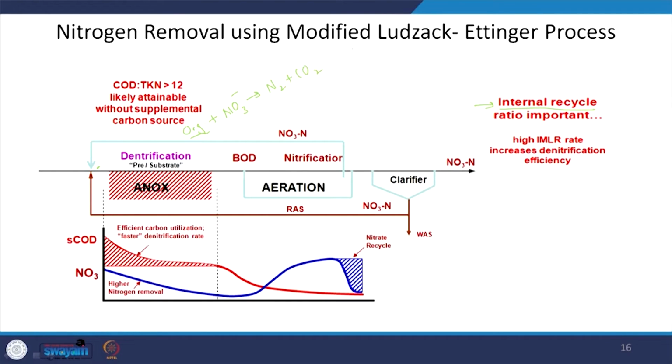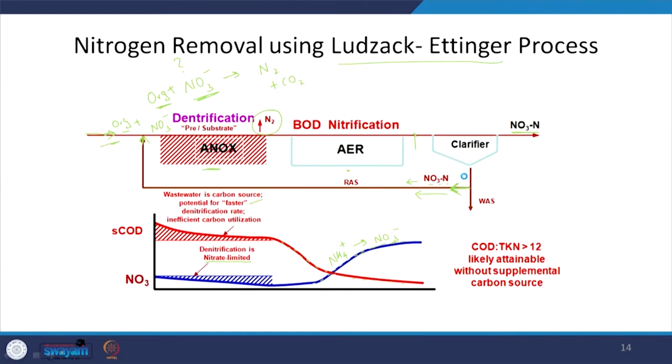Obviously, you need to balance this reaction. Let us understand the system here. Here we are recycling it for the sake of the microbes, and any nitrate present here will also come in here. But overall, much lower nitrate concentrations will be achieved here. That is something to keep in mind compared to this process.